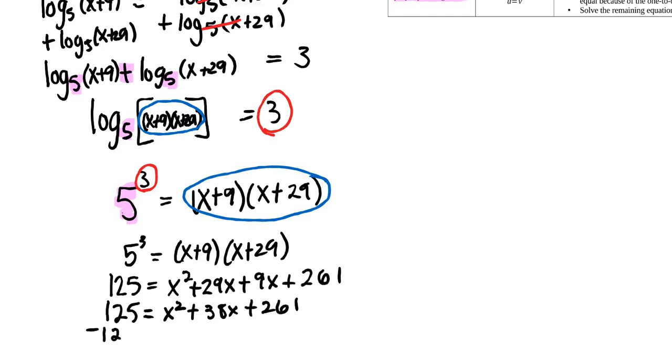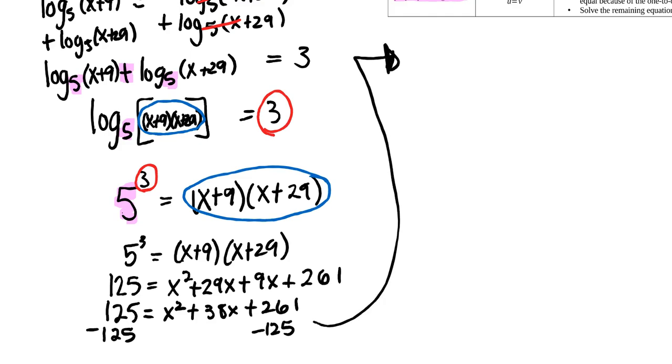I'm going to move all the terms to the same side. Let me continue up here. So that would give me 0 equals x squared plus 38x, and 261 minus 125 is 136, a positive 136.